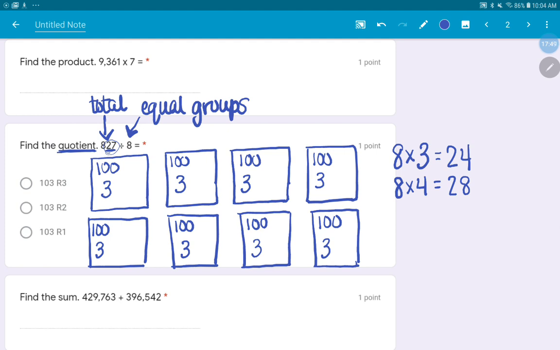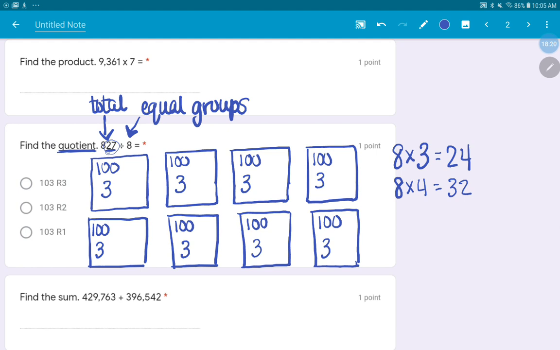Because this 28 is higher than... Yeah, that's more than what I have. So, how many extras do I have? Oh, no, you have 1 extra. 8 times 4 is actually 32.